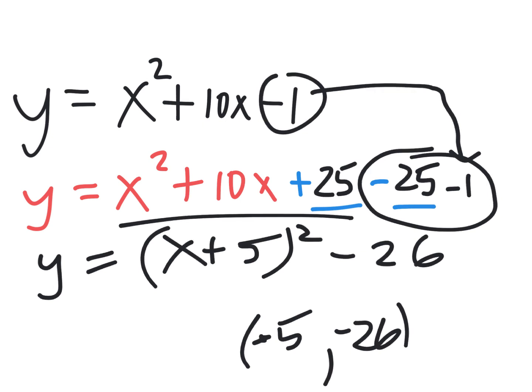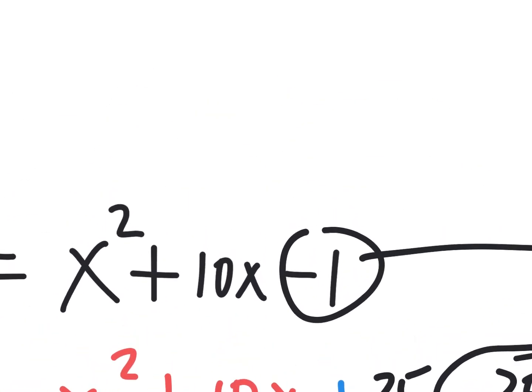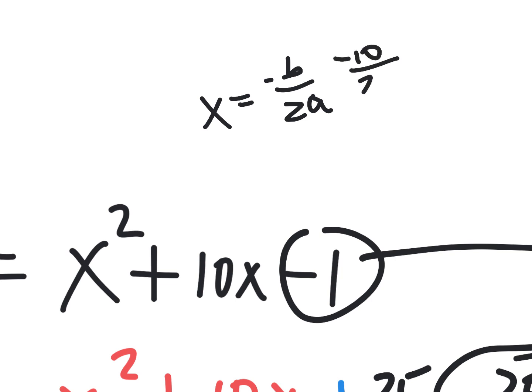Do you feel like you get how to do complete the square now? Okay. And then what if I'd said, hey, do it the other way, x equals -b over 2a? Just in 2 seconds, figure out the x of it. Some of you are going to say, I like this way better. -10 over 2 times 1, which is -5.